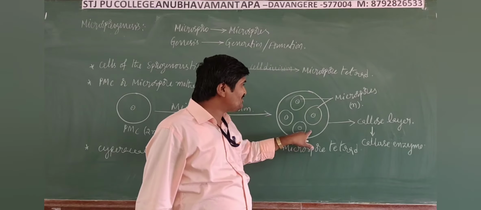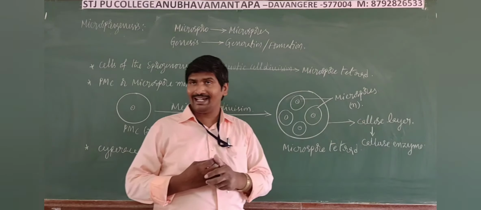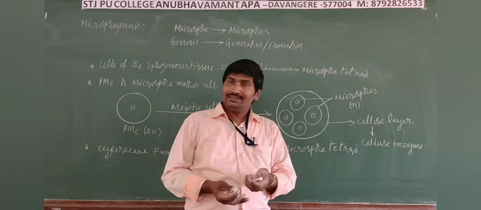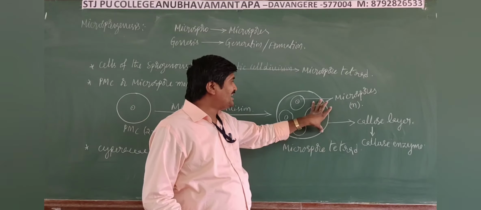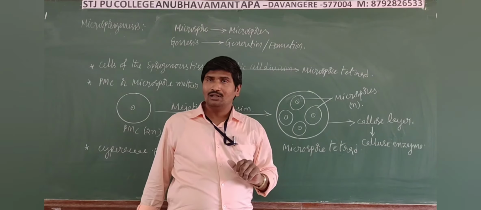At the initial stage, these four microspores are enclosed by the callose layer, and later this layer is dissolved by the callase enzyme, and finally the microspores are separated from the tetrad.